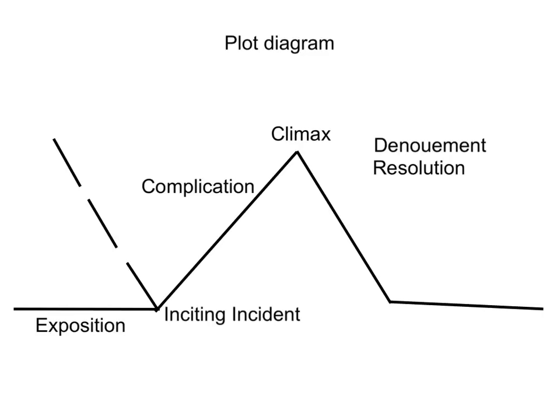The climax is the highest point of action. It's associated with the events that occur in Act 3. The next part is the denouement. It's associated with this line going down. It's the events leading to the resolution.